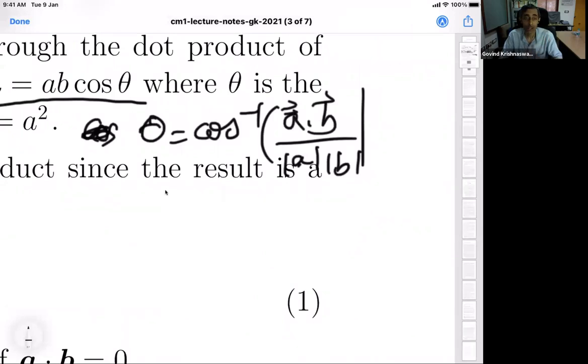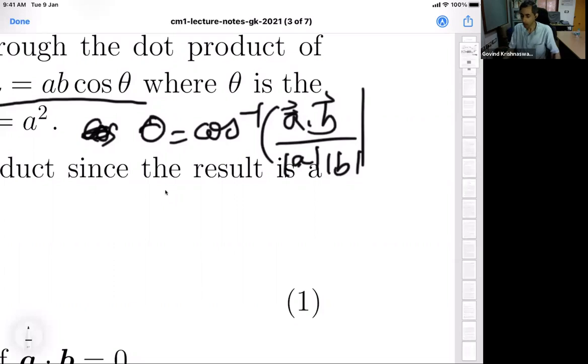And angles are geometric concepts. And that is done by using the concepts we already have at our disposal, namely the cosine function or its inverse, and the lengths of vectors A and B, which we have defined previously, as well as the dot product. So this is the sense in which geometry enters.